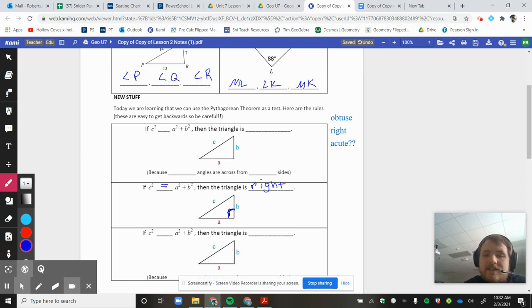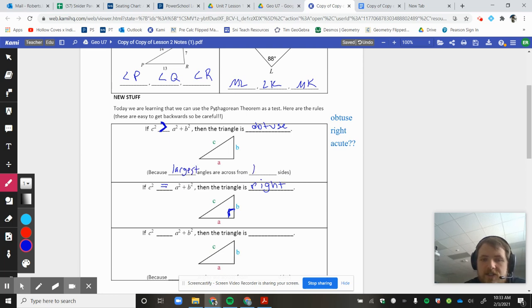Now in our triangles, it's not always the case, but if c is the biggest side, there's some situations where c squared is greater than the sum of the squares of those two legs. Then that triangle is going to be obtuse, and we're using the same concept here because the largest angle is across from the largest side.